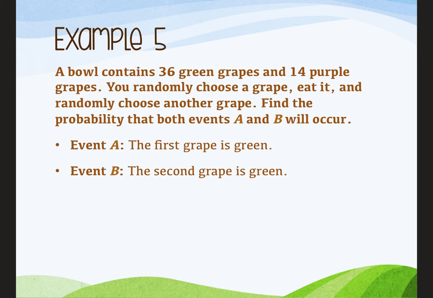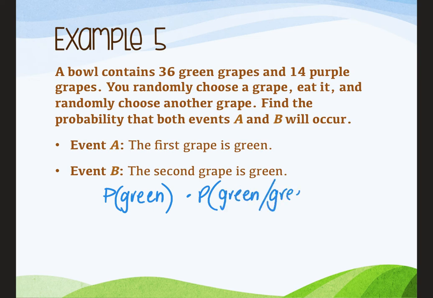So if it's an and, right, we know that we're doing both, but we have to do probability the first one happens, so the probability of getting a green grape, times the probability of getting a green grape, assuming you already ate a green grape. This is dependent.